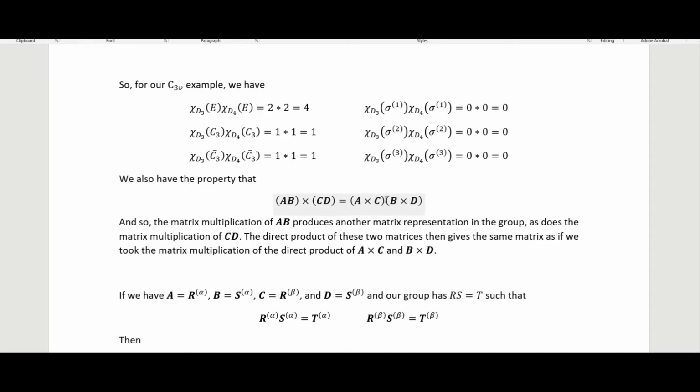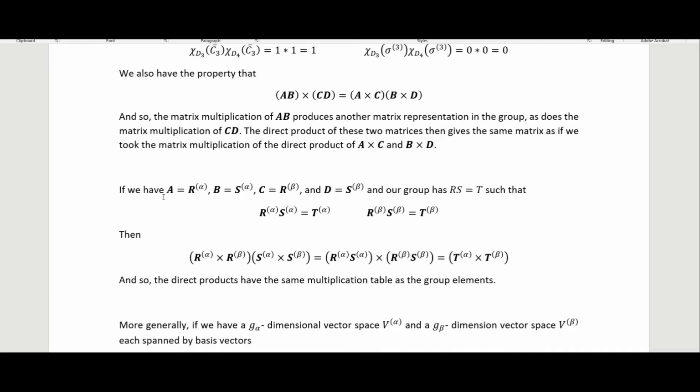Then we do a matrix multiplication with the B and D, with the direct product of B and D, which will be another matrix of that same order as the direct product of A and C. So the matrix multiplication of AB produces another matrix representation in the group, as does the matrix multiplication CD. The direct product of these two matrices then gives the same matrix as if we took the matrix multiplication of the direct product of AC and then BD.